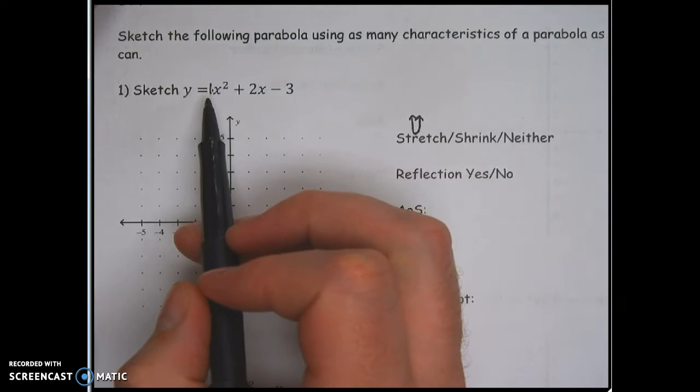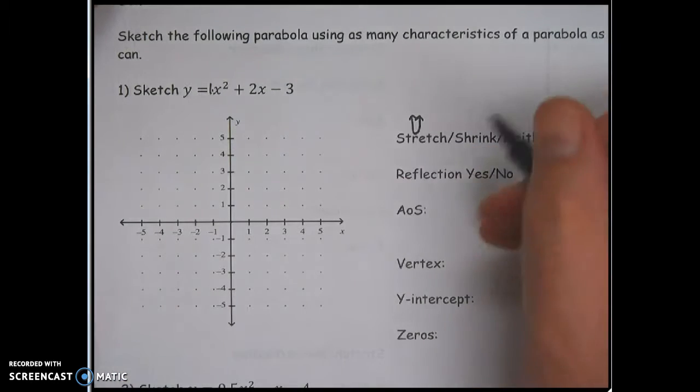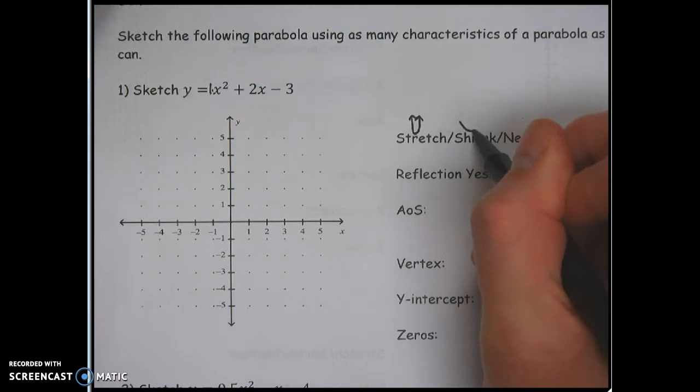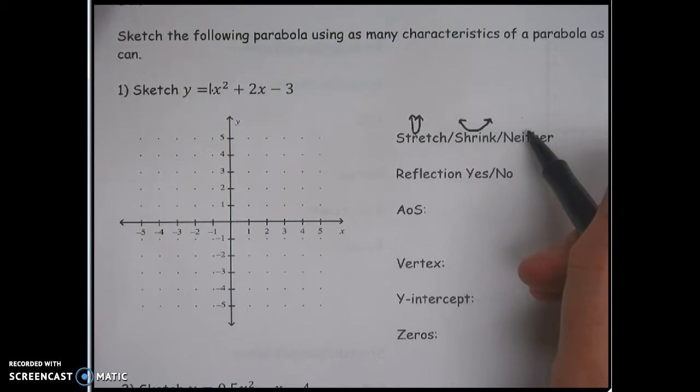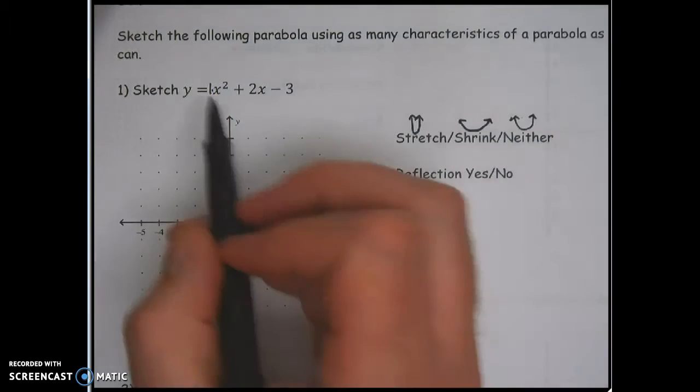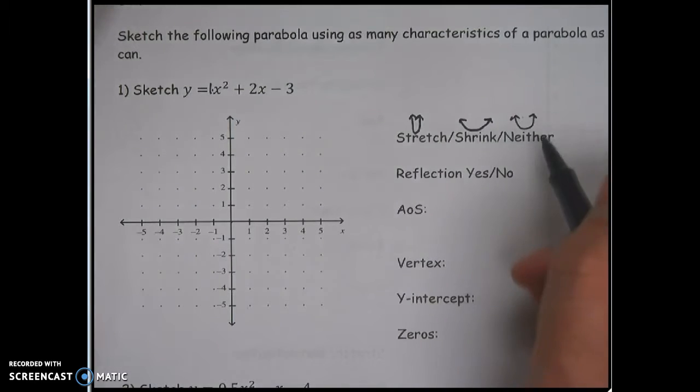If this number is between 0 and 1, after we ignore the negative sign, then it's going to be a shrink. It's going to be a little bit wider one. If the number is exactly 1, then it's going to be a neither, and it's what we say is like the parent function. And so in this case, the number is exactly 1, so we're going to circle neither.